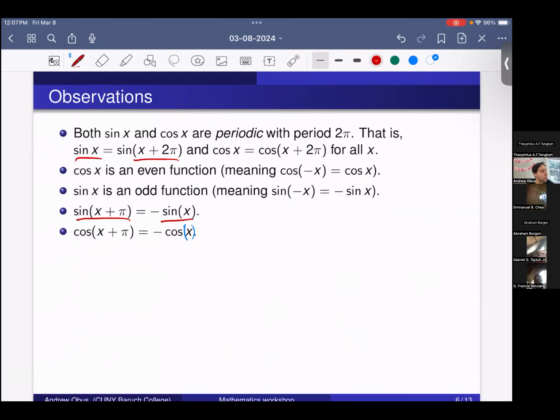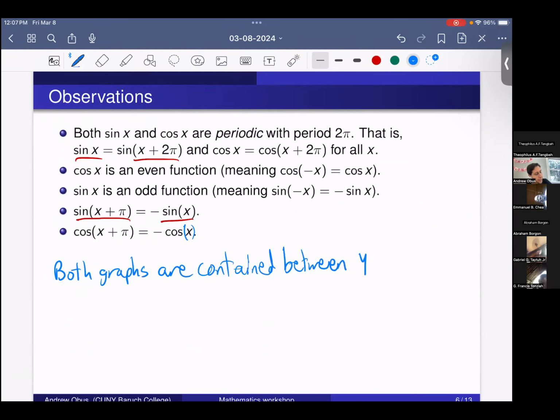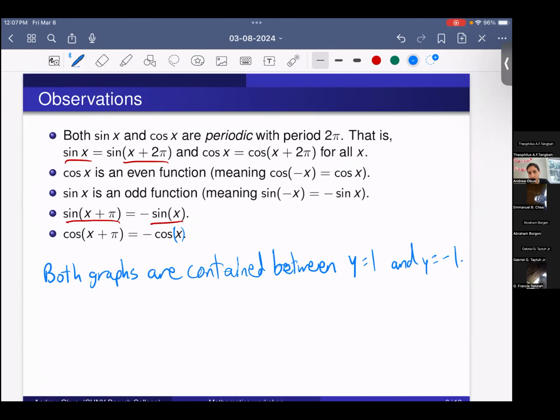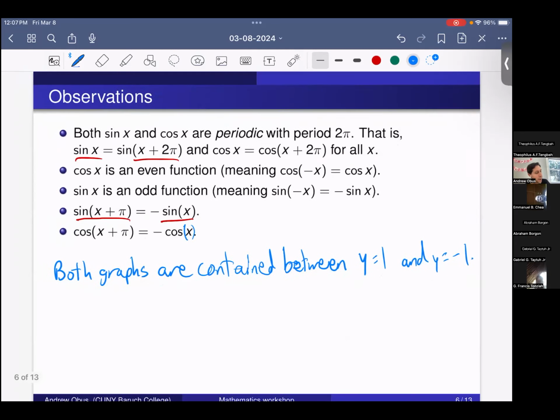So maybe I should make one more observation because Emmanuel talked about amplitude, is that both graphs are contained between y equals 1 and y equals -1, right? So they're what's called bounded functions, okay? They don't go off to infinity. Everything's contained between y equals 1 and y equals -1.